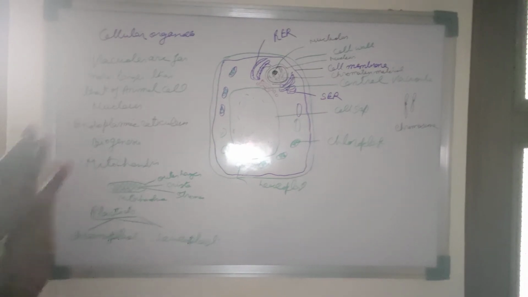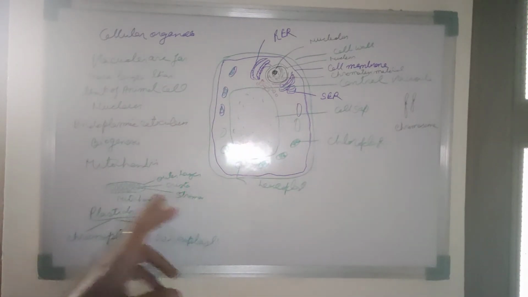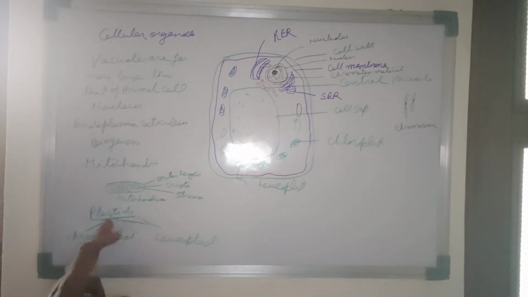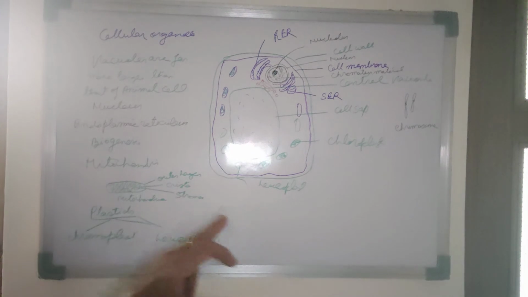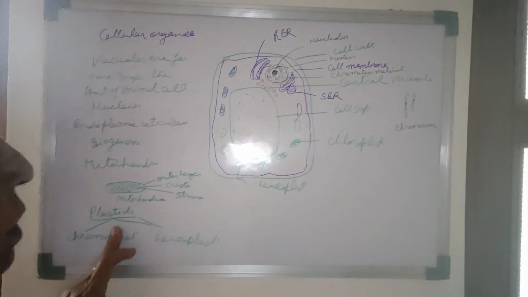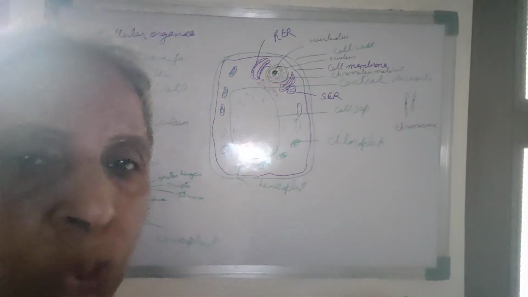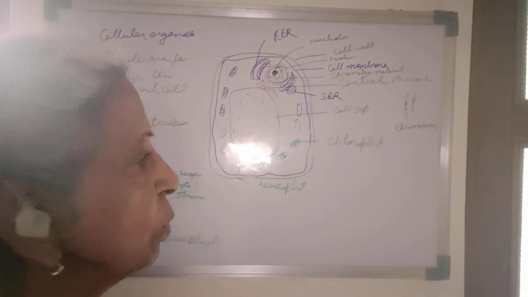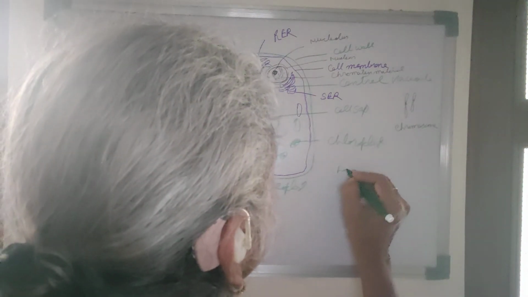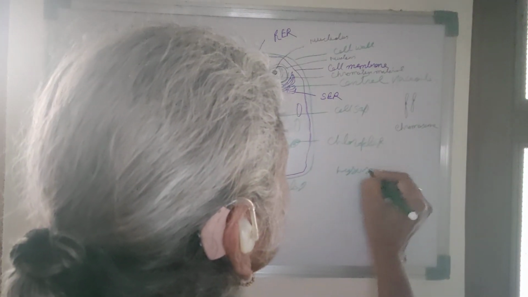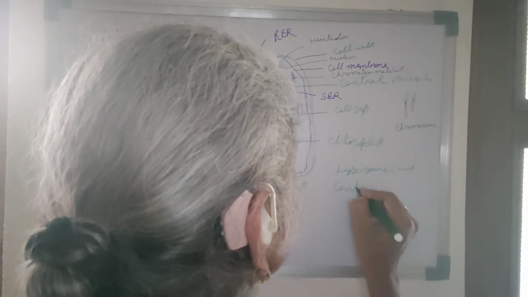In the plant cell, cell wall is present. In the plant cell, mitochondria appear. In the plant cell, plastids are present. In the plant cell, lysosomes and centrioles are lacking. Lysosomes and centrioles are absent.